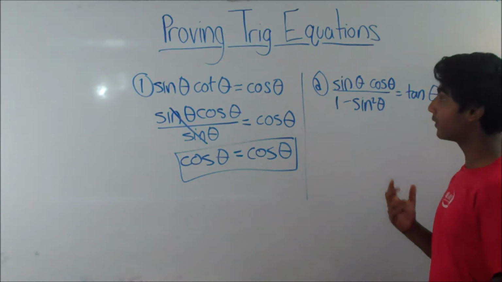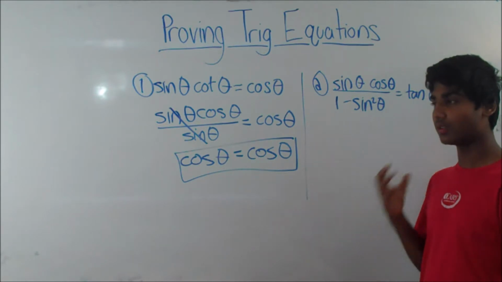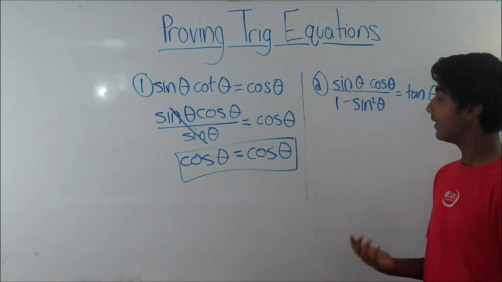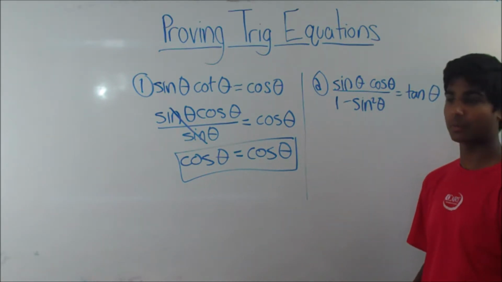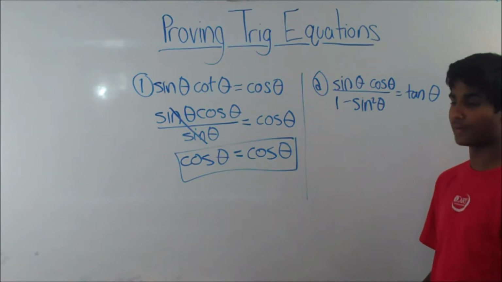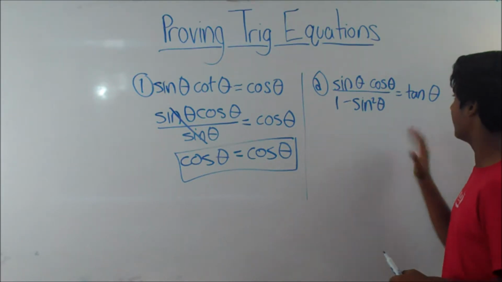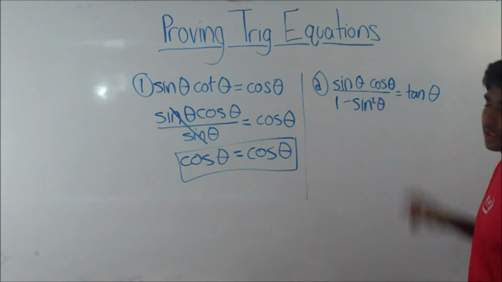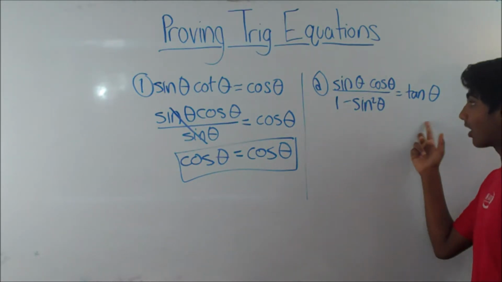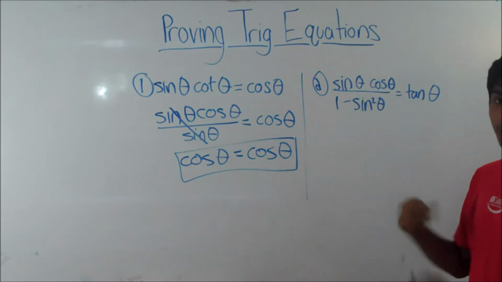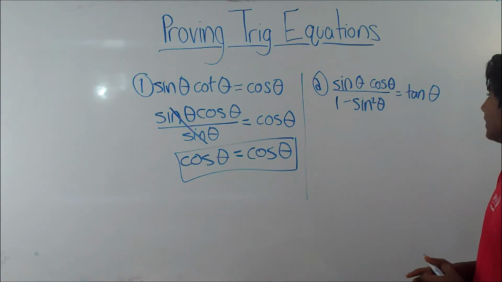But usually if there's one really complicated side and one really simple side, then you would want to go with the more complicated side, because that probably isn't fully simplified, and you can change it. Like, you can change tangent to sine over cosine, but it's harder to open up than to close.